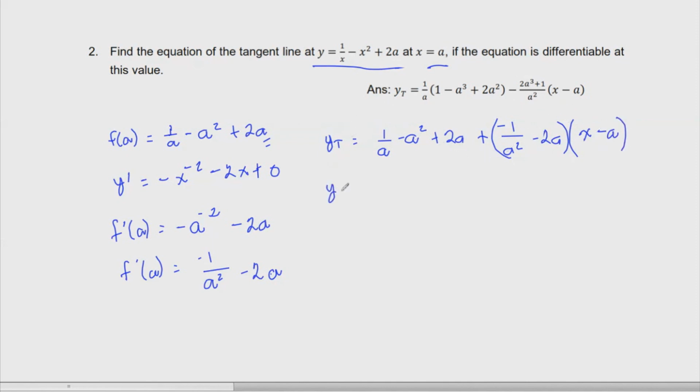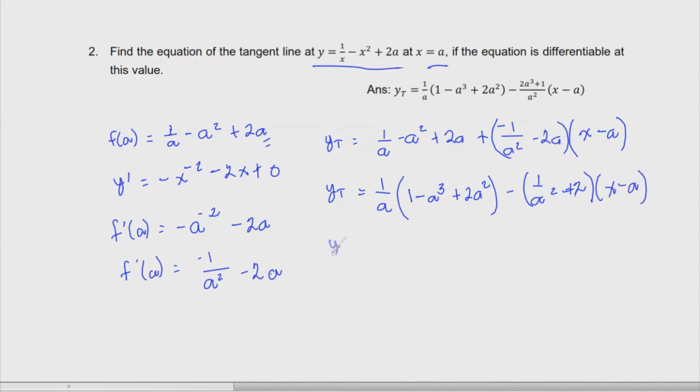So we can now try to rewrite this in a way that it looks like this. I'll factor out 1 over a. In this case, I'm left with 1 minus a cubed, because I factored out 1 over a, and this one becomes 2a squared. And then adding the negatives here, I can factor out minus 1, so we're left with negative, 1 over a squared plus 2, and then quantity x minus a.